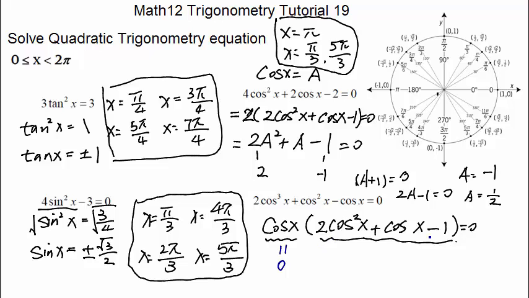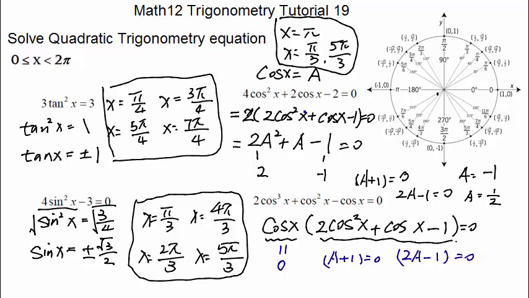So how do we do this one? Again, it is pretty much the same as this one. So we just get a plus 1 equal to 0, and then 2a minus 1 equal to 0. Okay, so I jumped the steps.